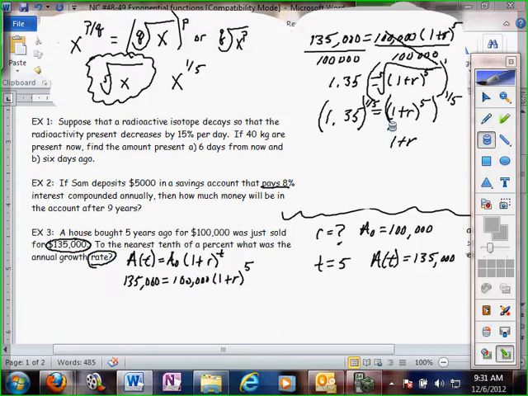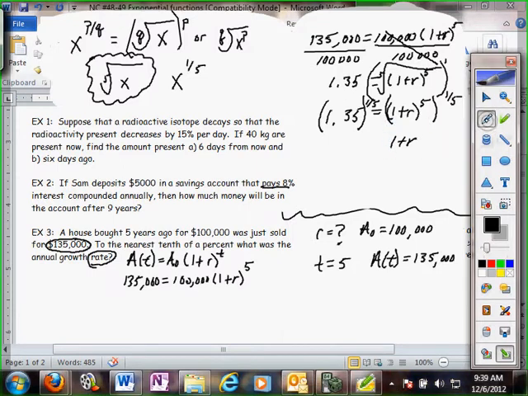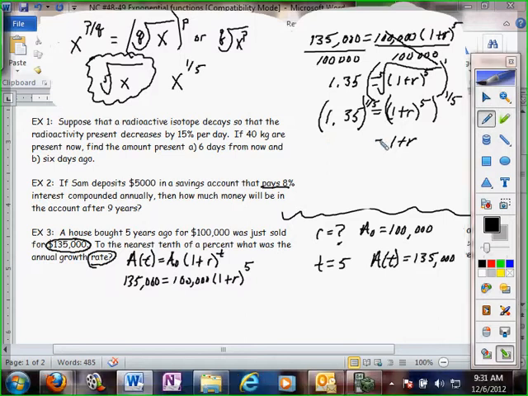Makes it go away. Equals 1.35 to the power of 1/5. When I put 1.35 to the power of 1/5 in my calculator, I get 1.062.